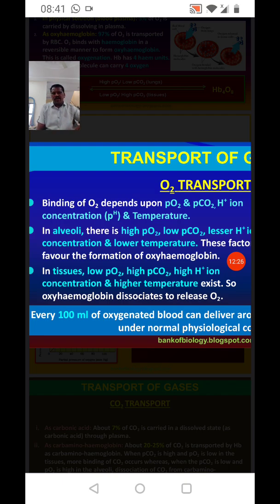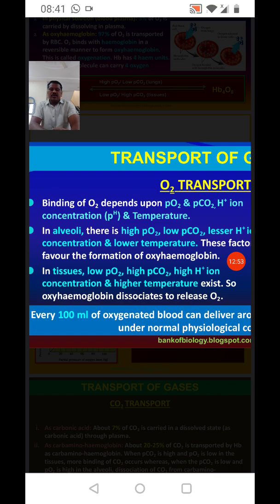The place where partial pressure of carbon dioxide is high, there oxygen does not bind with the hemoglobin. Instead, oxyhemoglobin delivers the oxygen. Oxyhemoglobin dissociates into hemoglobin and oxygen. Right? This is the transport of oxygen.